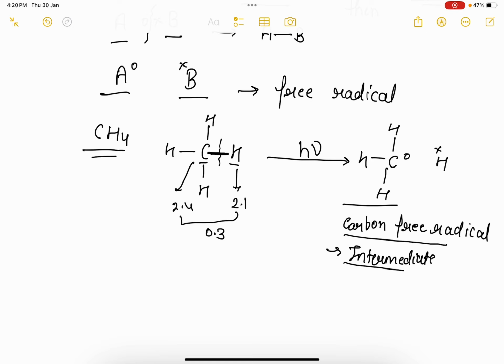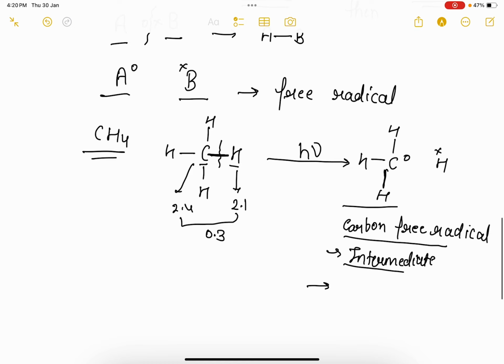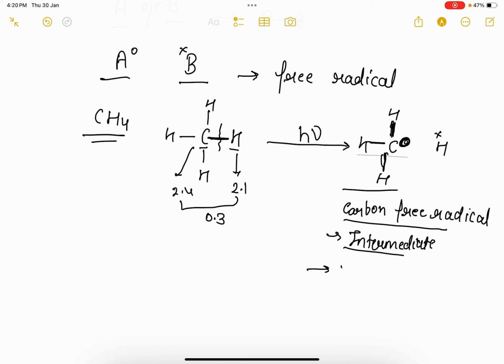Let's count the electrons of the carbon free radical. There is one covalent bond which contains 2 electrons, that is the second covalent bond, and that is the third covalent bond. Three covalent bonds contain 6 electrons, and this one is the seventh electron. So the carbon free radical contains 7 electrons, which means 3 pairs of electrons and one unpaired electron.